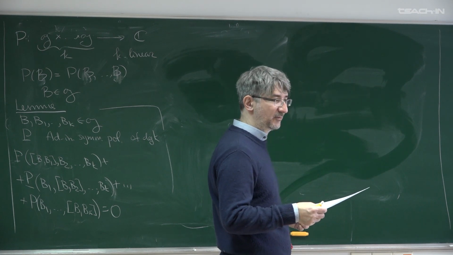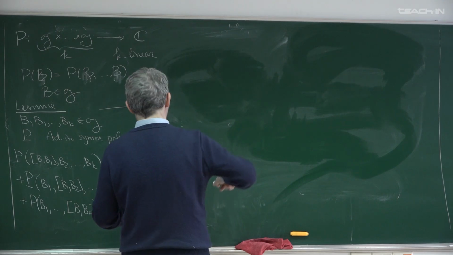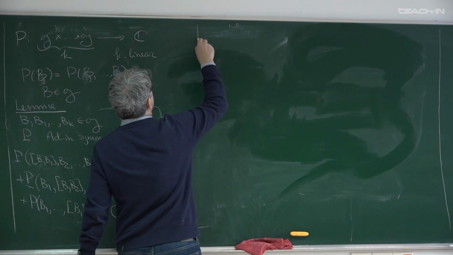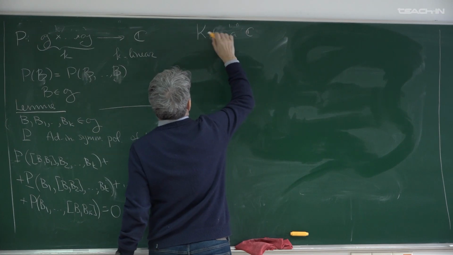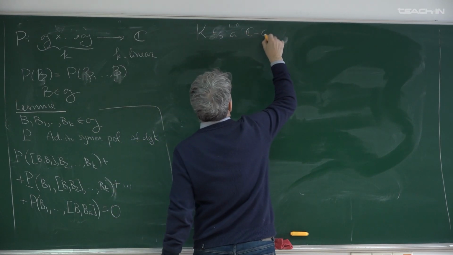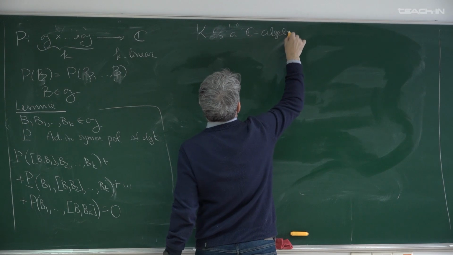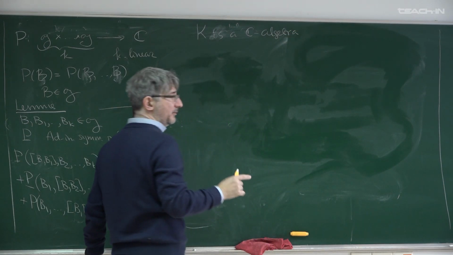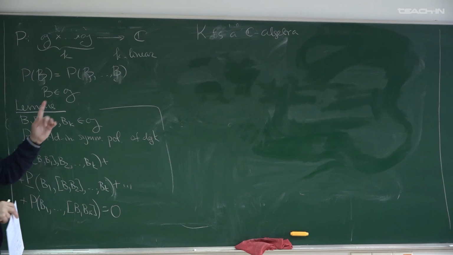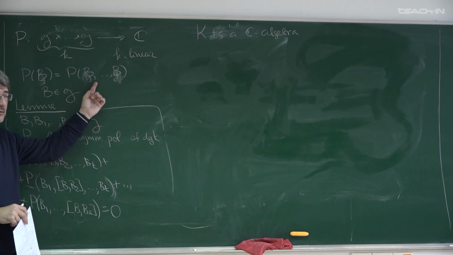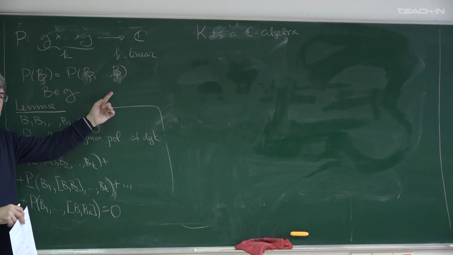final step of preparation. So let K be a C algebra. Let me repeat. You have a question? No. Let me repeat. I already told you that I want to substitute here the curvature form.